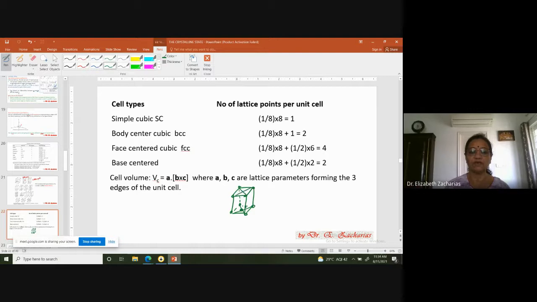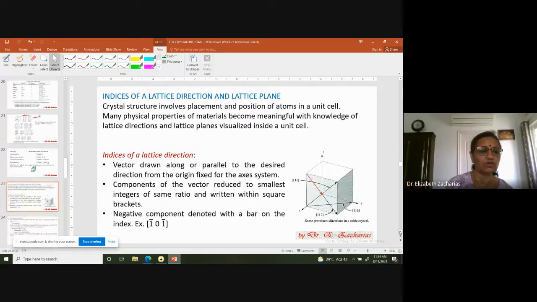Similarly, here, you have a lattice point, because this becomes a base for another cell here, and similarly this becomes a base for this particular cell. The total number of atoms will be 1/8 from each corner and half from the two bases, so that will be 2. This is one additional thing that you might not have noticed previously.